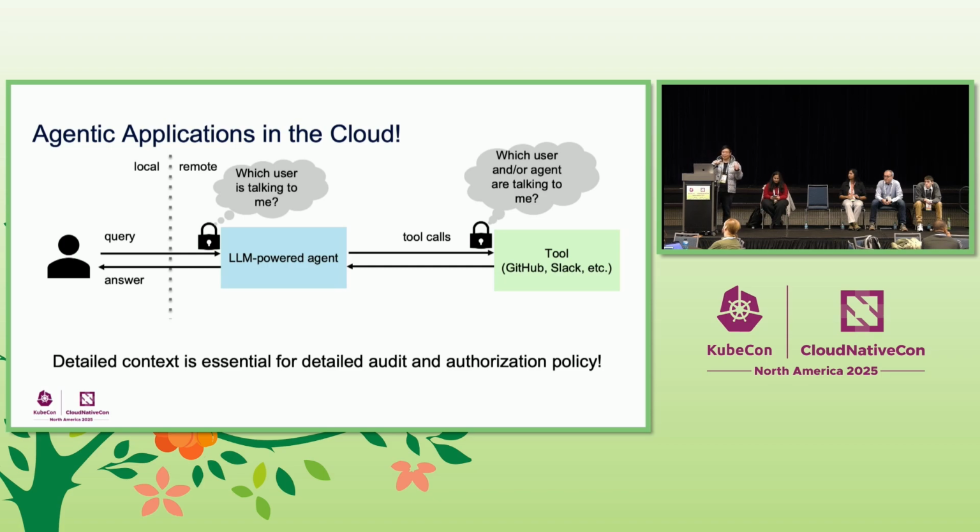Now, we hit a key point. Detailed context is essential for detailed audit and authorization policy. What does that mean? Well, without context, like who made the request, what the request is for, and under what conditions, you can't enforce meaningful security controls or trace accountability.